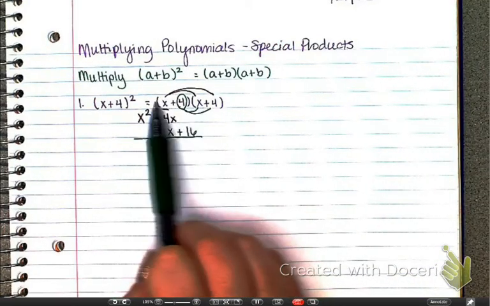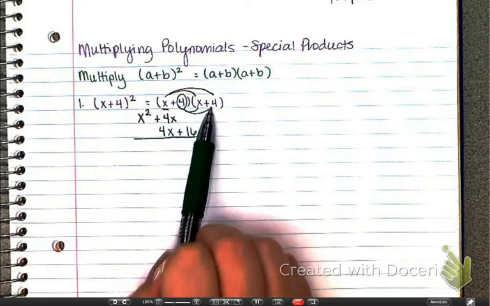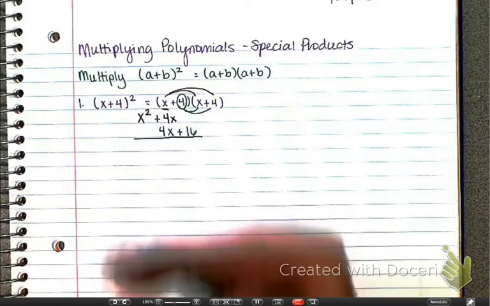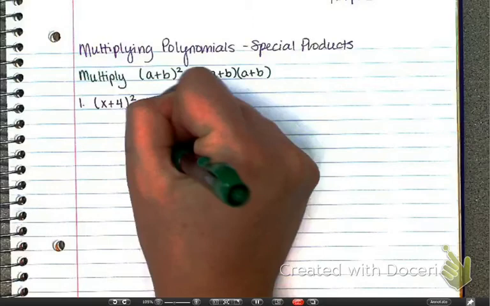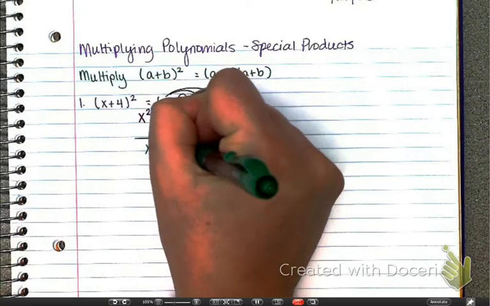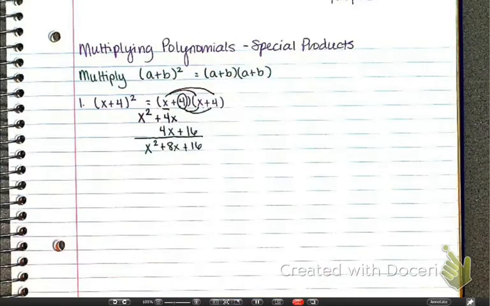So if my factors, x plus 4 and x plus 4, are exactly the same, then those middle terms are going to be exactly the same, giving me x squared plus 8x plus 16. So really what's special about this one is how you have to write it. Okay? X plus 4 squared, you write as x plus 4 times x plus 4. That's the biggest thing. You cannot distribute that exponent in. Are you okay with that? Okay.